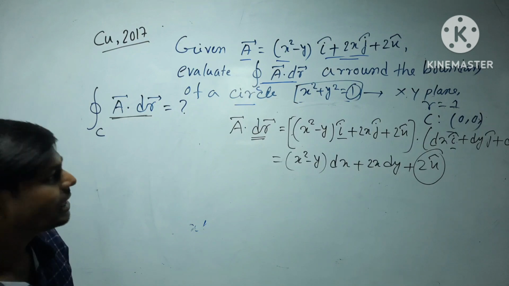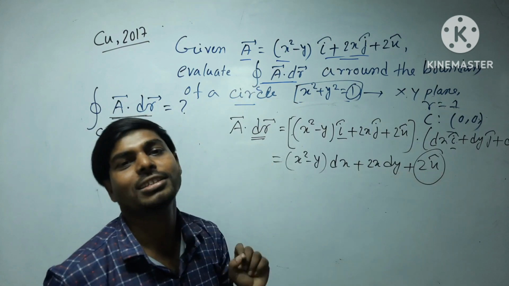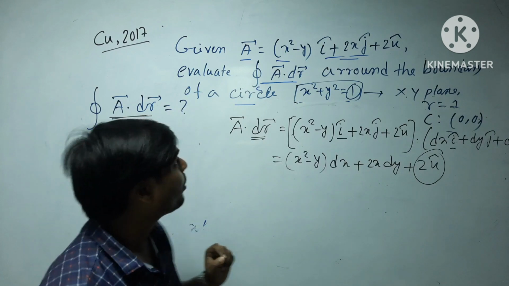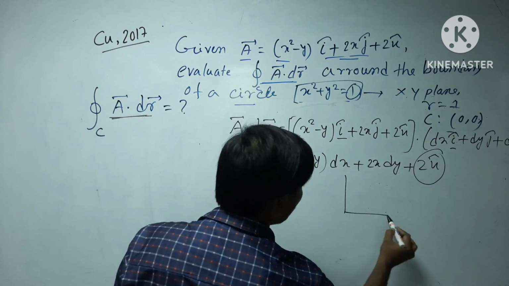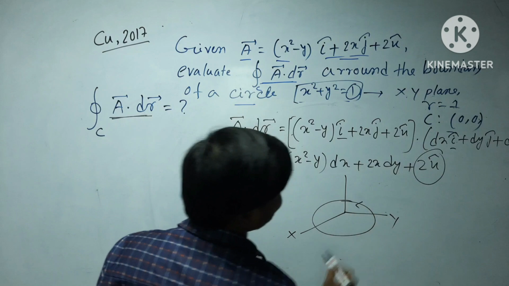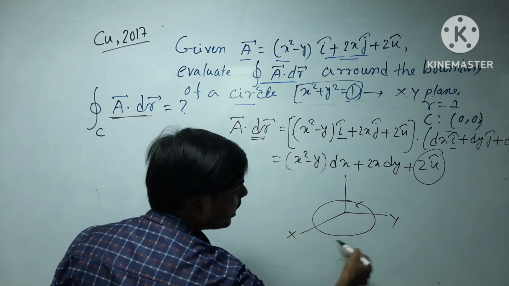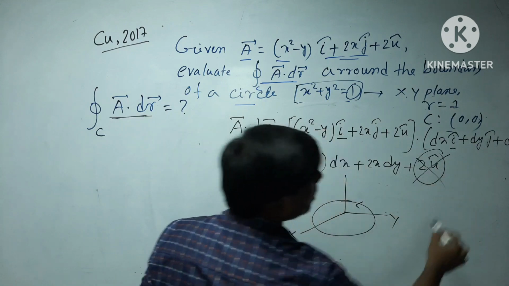কেন বলো যে আমরা এই যে a vector dot dr এর ইন্টিগ্রেশন করব, but we will not take this z component. Why? Because this integration will be performed in xy plane. এই যে xy plane আছে, এই xy plane এর মধ্যে সার্কেলটা আছে, so in this xy plane this circle is here, so we don't need to take this one.